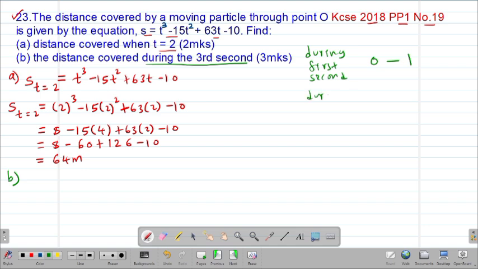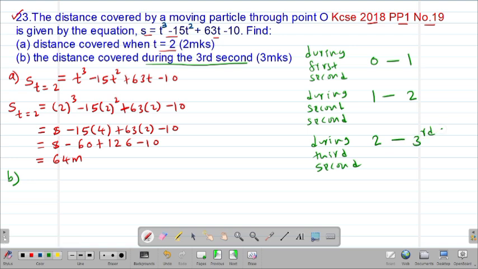Then during the second second means the period from the first second up to the 2nd second. Then during the 3rd second means the period from the 2nd second up to the 3rd second.